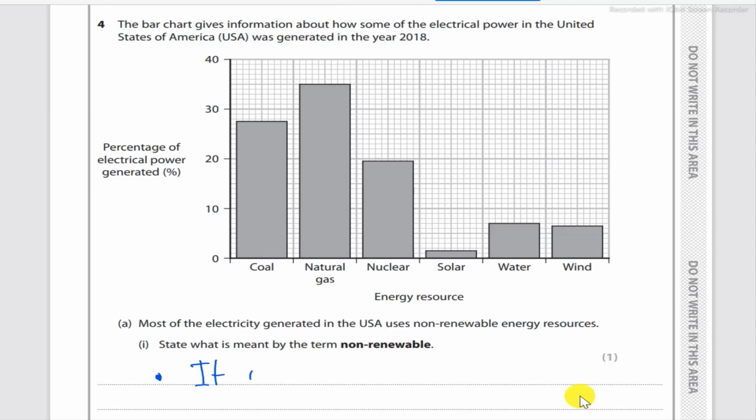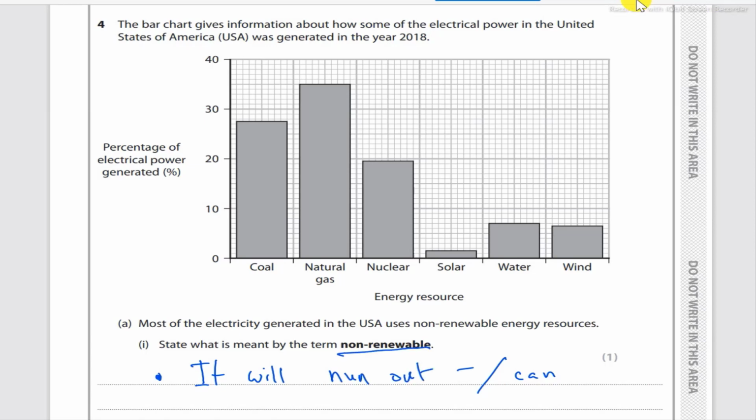It will run out. Non-renewable energy will run out.